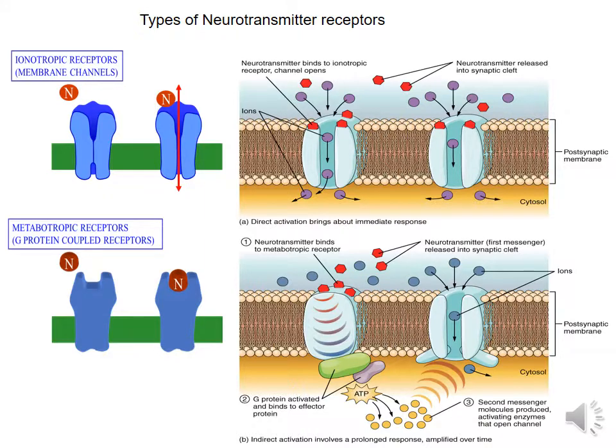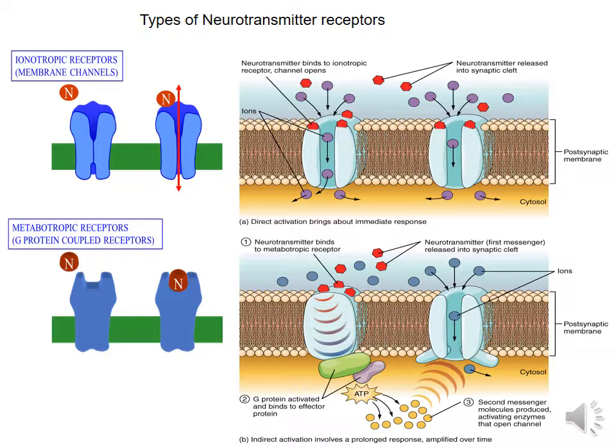And the types of ions that can flow include potassium, sodium, calcium, and even chloride, and they can pass through the membrane. On the other hand, a metabotropic receptor here involves a complex of proteins that result in metabolic changes within the cell, producing a second messenger, and that acts from the inside to open an ion channel or develop an indirect activation or a cascade of other metabolic changes.